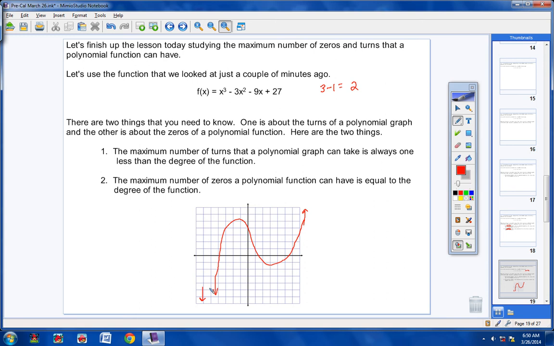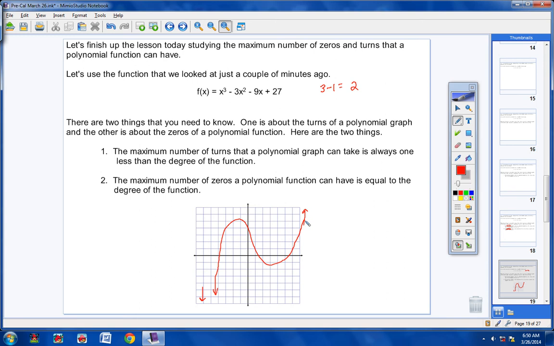How do you know when a turn takes place? When it changes directions. So you're going up, it hits here and goes back down. Hits here and goes back up. That's 2 turns. Now, am I telling you that the graph has to take 2 turns? Not at all. It might take just 1. I'm not sure if that's possible in this case because it has to go down and then go back up again.